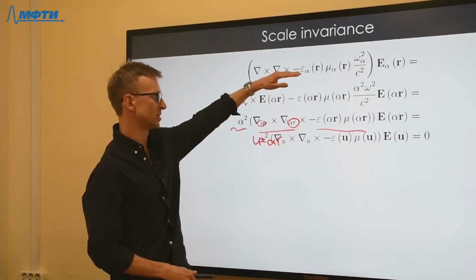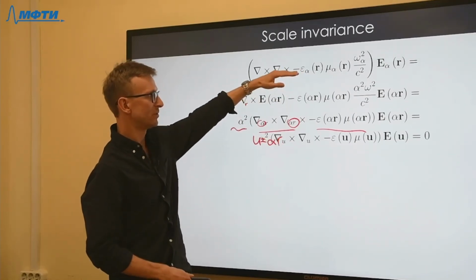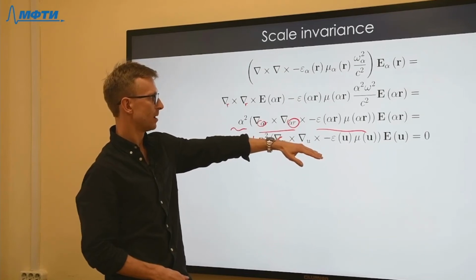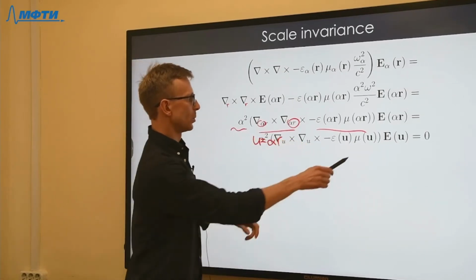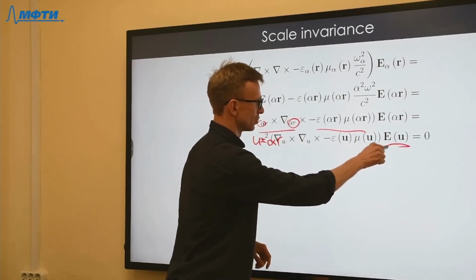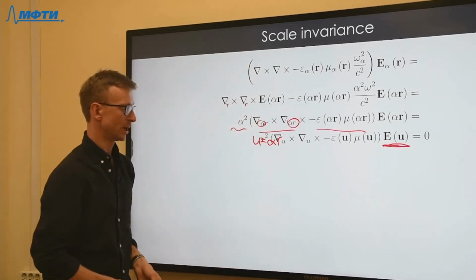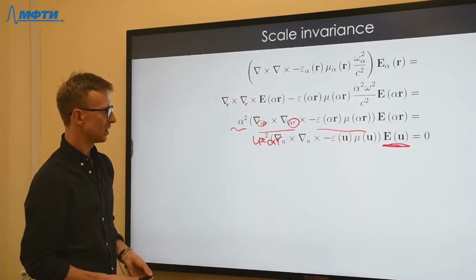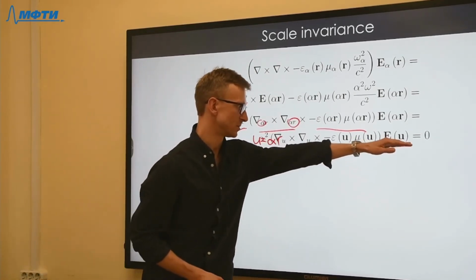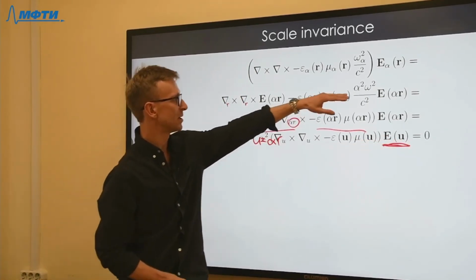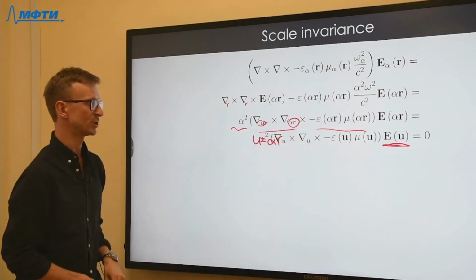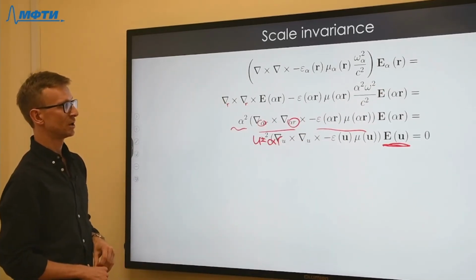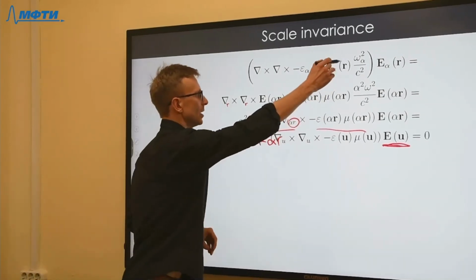This essentially is the same as this, which means if this is the solution, then we know that E is a solution of the Helmholtz equation at a frequency omega. So of course this equals 0, and this proves that the new scaled field, which is shrunk or stretched, is also going to be a solution at the new frequency.